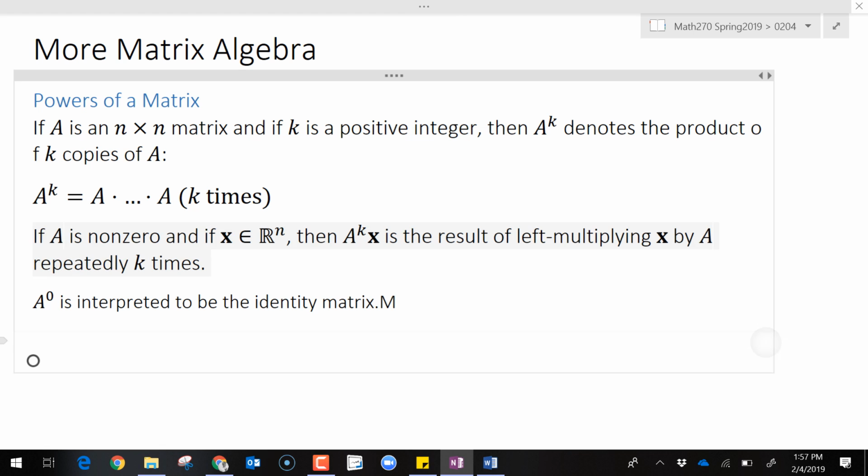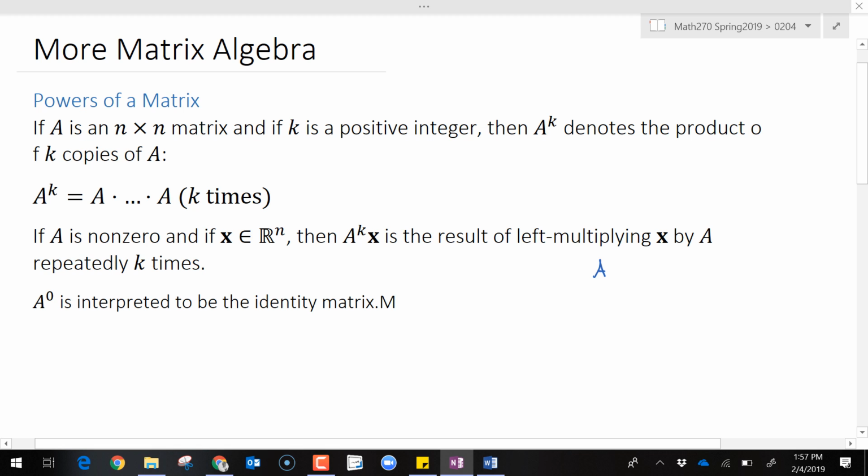So you have A times X, and then you get whatever result, you're multiplying by A again, and again, on the left side. So for example, this is equivalent to A cubed times X.